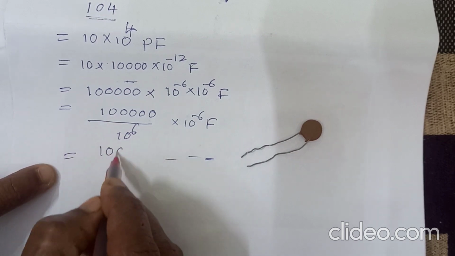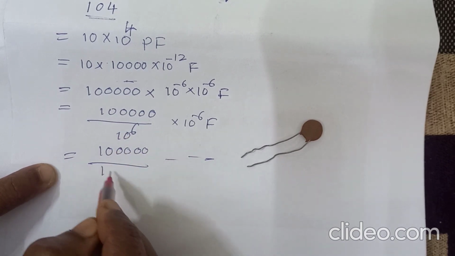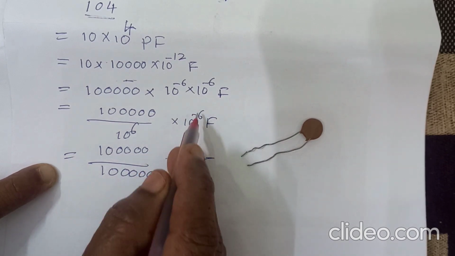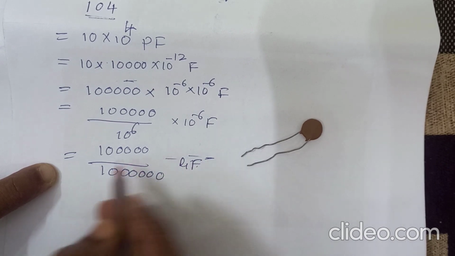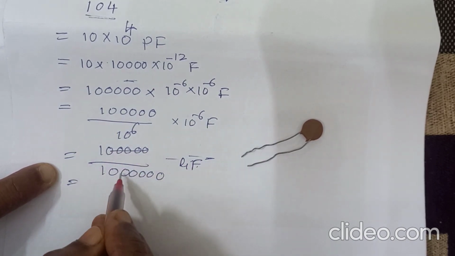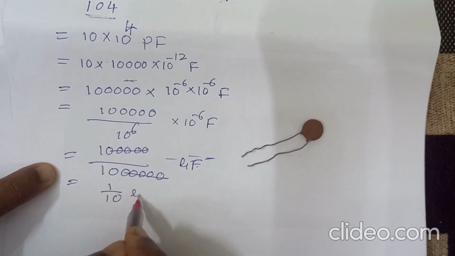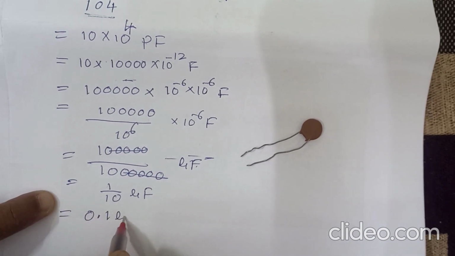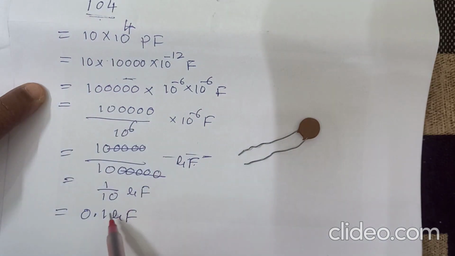So 1 followed by 5 zeros I'll write as it is, divided by 10 to the power 6, which is nothing but 1 followed by 6 zeros. 10 to the power minus 6 is nothing but microfarad. Okay. So here 5 zeros, here 5 zeros cancel. What is left? 1 divided by 10 microfarad. That is 0.1 microfarad. 104 is nothing but 0.1 microfarad.